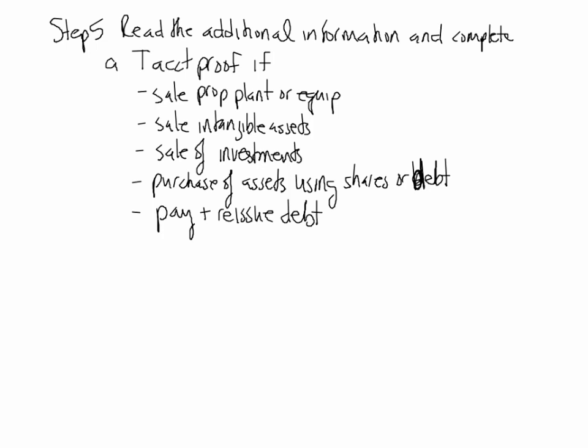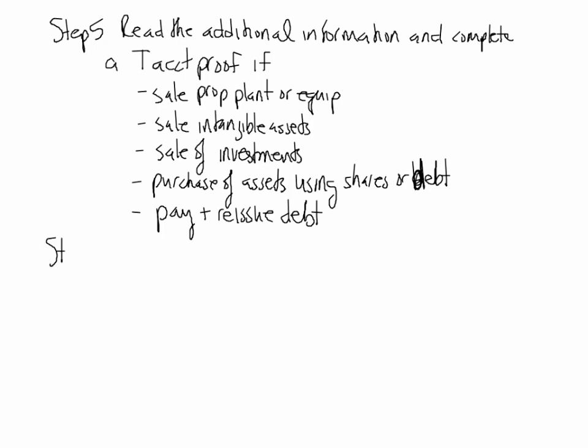So you have to show that the company repaid the $10,000 of debt and then they took out new debt. If you simply showed $5,000 of debt taken out, you're not showing reality, which is the fact that you already paid it all off and then took out new debt. All right, so none of these things have happened, so I'm not going to show you the TAccount proof right now because we don't need it.